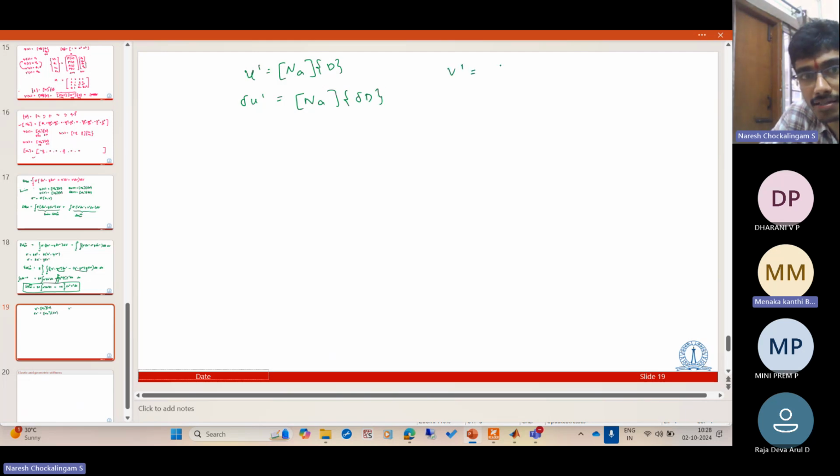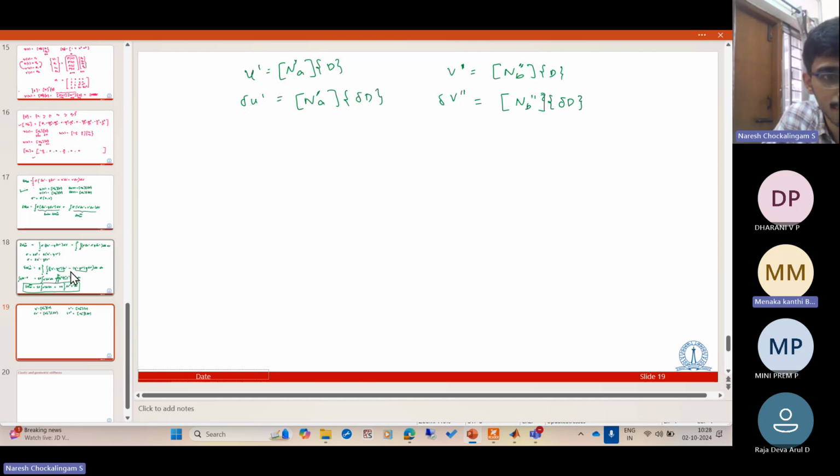Similarly, v is n bending times d. Sorry, if you have a dash, the dash will appear on the shape functions, d is independent. So we want v double dash, so it is NB double dash d, and del v double dash is NB double dash del d.